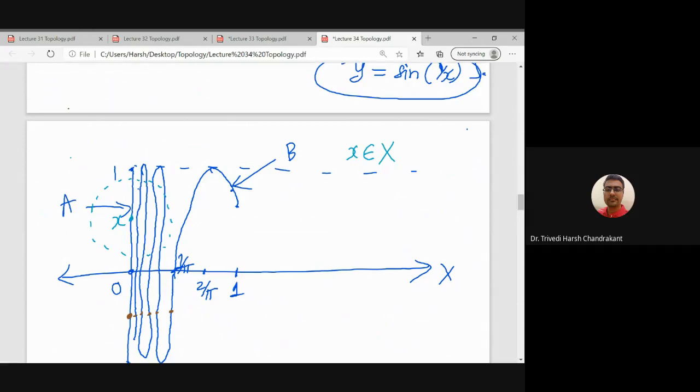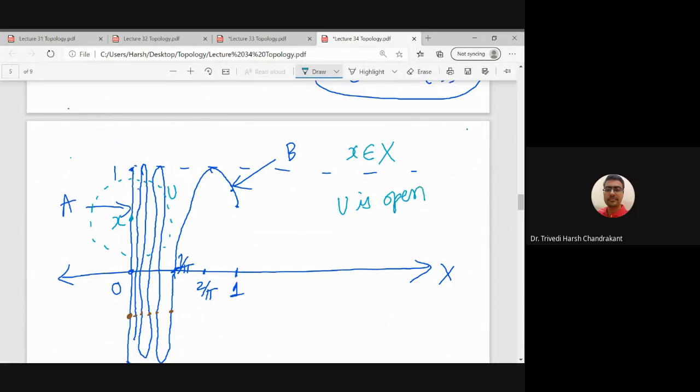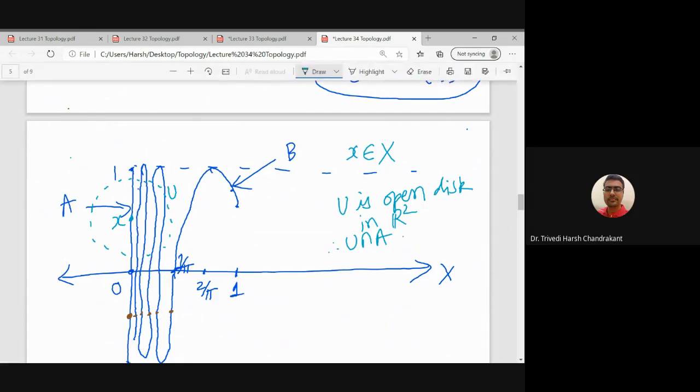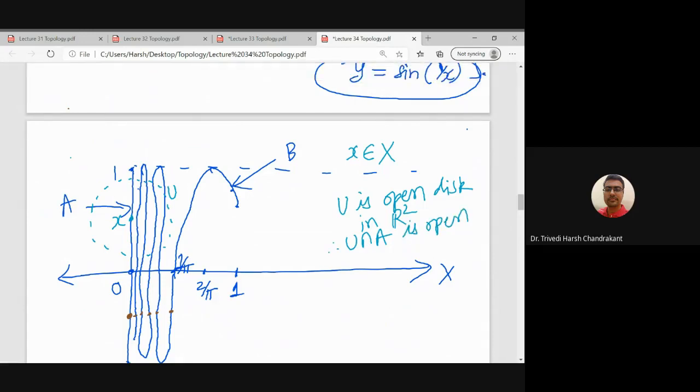So therefore it contains a disk around x, and let us say U, which is open in R2, is an open disk in R2. If I take U intersection A, that will be open in the subspace topology on A.